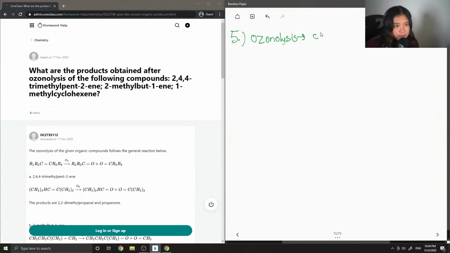But just to put it in easier terms, ozonolysis is when you cleave the double bond or triple bond and convert it to carbonyl groups, or C double bonded with oxygen.